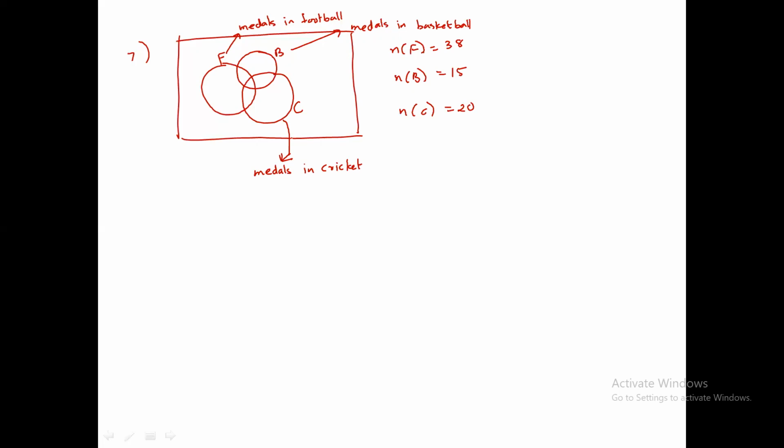So there are 3 sports. Only 3 men got medals in all the 3 sports, F intersection B intersection C. So how many medals are received in exactly 2 of the 3 sports?